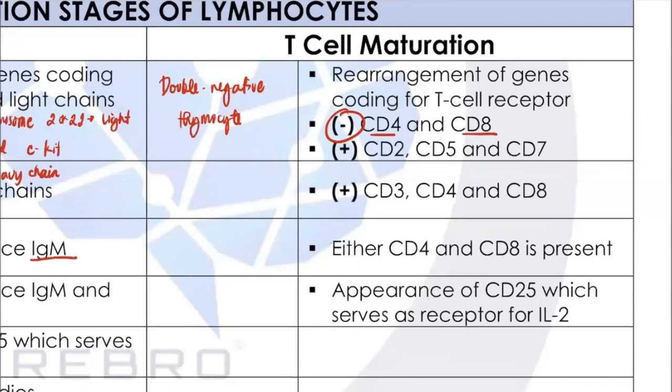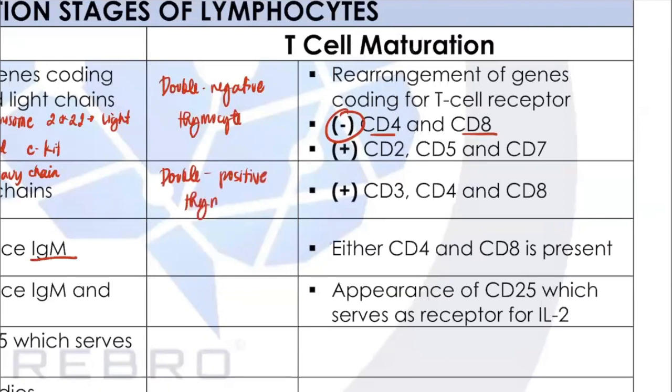Dahil it is in the double positive thymocyte stage where the selection process starts. Why? Because remember na yung CD3 is a component of the T cell receptor. And yung double negative thymocyte, wala pa siyang CD3. So technically, it cannot bind an antigen yet. Okay? So the selection process starts in the double positive thymocyte stage.